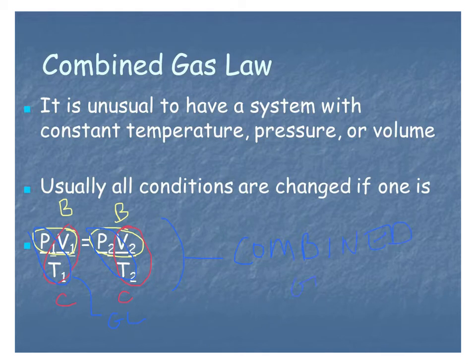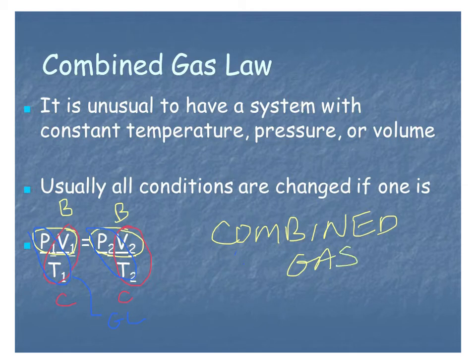Combined gas law. Let me erase that so that you can actually see it when we put the video up. The combined gas law is one of the most universal tools that a chemist has for gas calculations. Notice we have a bunch of variables that we can play with.